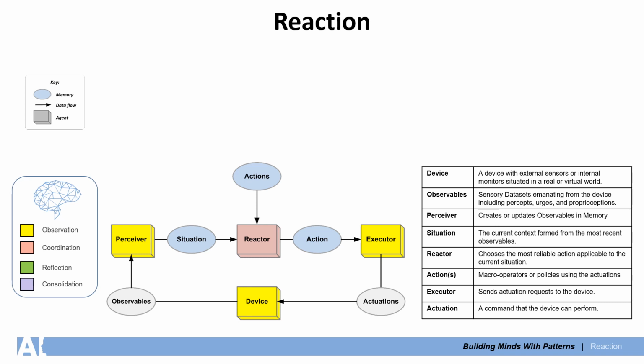The perceiver component aggregates the observables into the current situation. A reactor chooses reliable actions to execute and forwards them to the executor, which in turn forwards the actuations to the device. The device forwards proprioceptions indicating whether the actuations were performed as part of the observables back to the perceiving component.